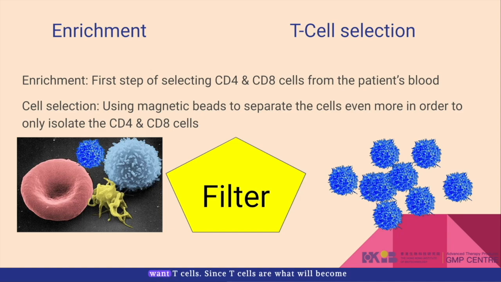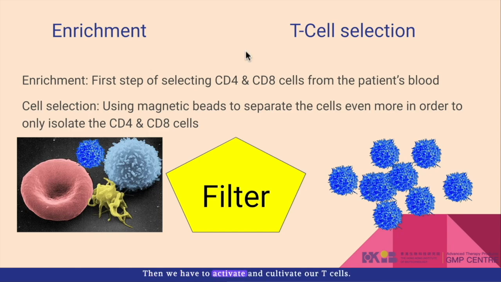But we only want T cells, since T cells are what will become CAR T cells. We will take the apheresis product and put it through a filter so that we filter out all the cells that we don't want, which are the red blood cells, platelets, and other white blood cells. And all we are left with are the T cells that we want at the end.